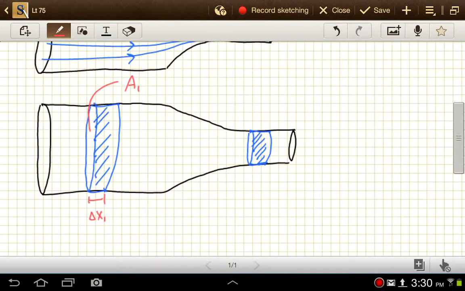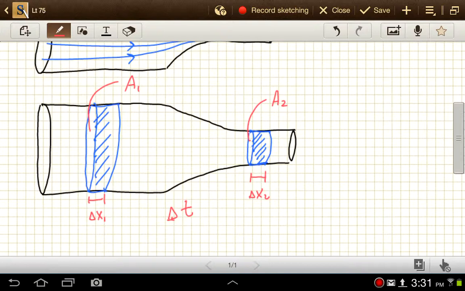And then over here we'll have A2, and then this is going to be delta x2. The amount of time that passes from this part of A1 to the next part of A1, so when this circle moves from here to here, or this circle moves from here to here, we'll just make that consistent. So we'll have some time involved, delta t, that will be the same for each of those.